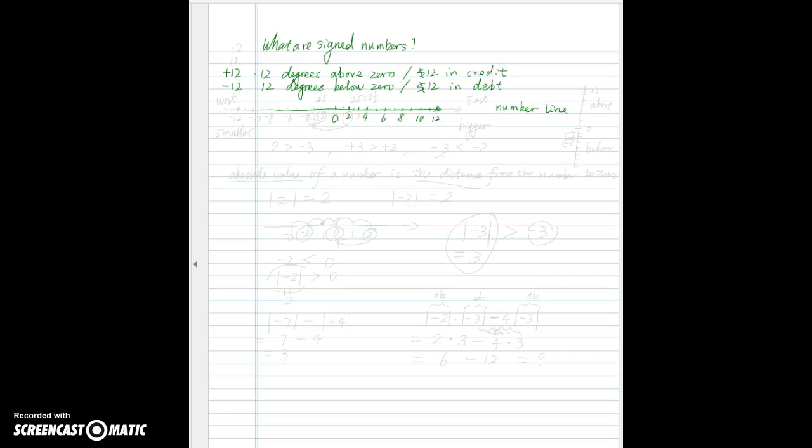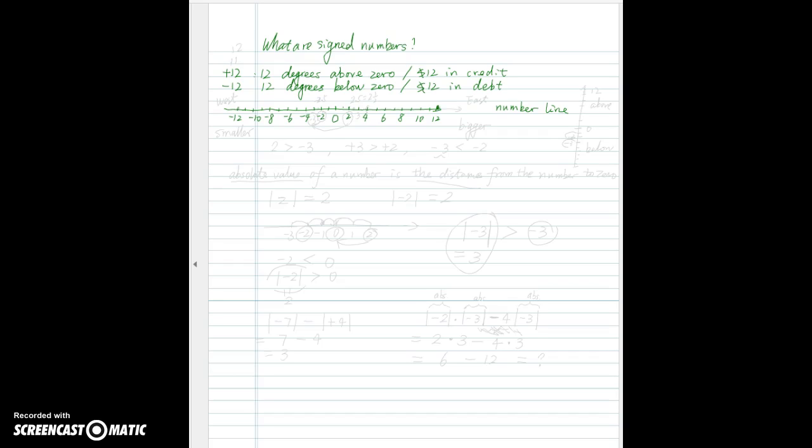And you can also do negative ones. Negative 1, negative 2, negative 3, negative 4, negative 5, negative 6, negative 7, negative 8, negative 9, negative 10, negative 11, negative 12, and so on. You can do negative 13, negative 14, and go on forever.